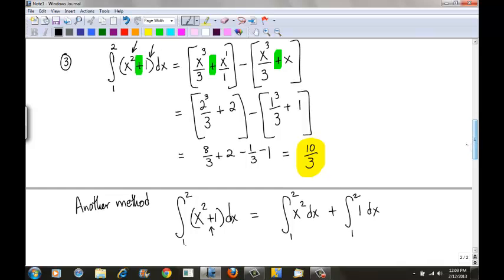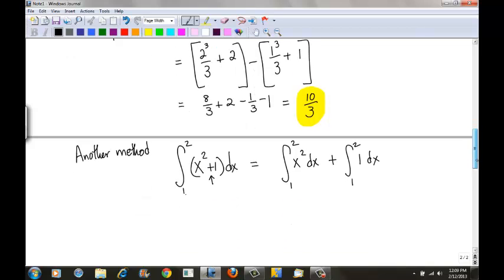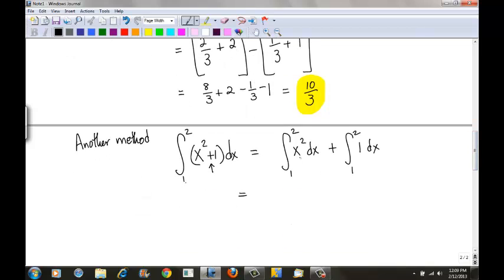Everybody see what I'm doing, the difference between? And then I would still do antiderivative of x squared. So antiderivative of x squared would be add 1 to the exponent, be x to the third, divide by the new exponent, divide by 3, and then I need to write it out twice.